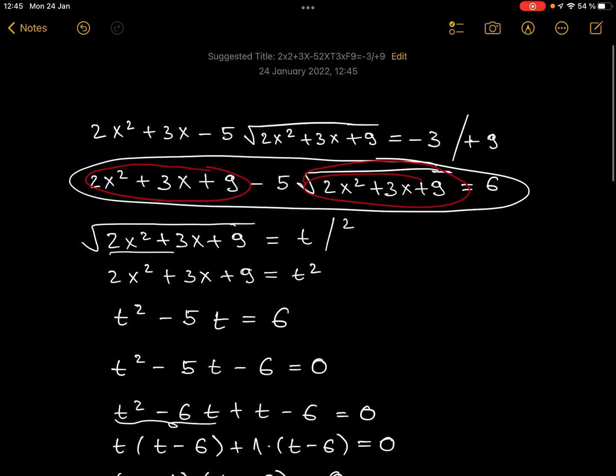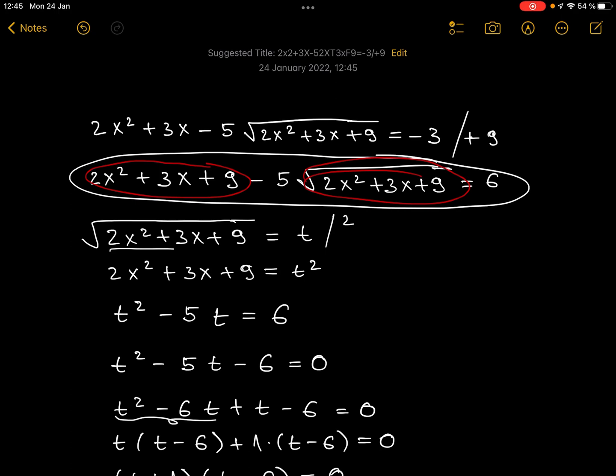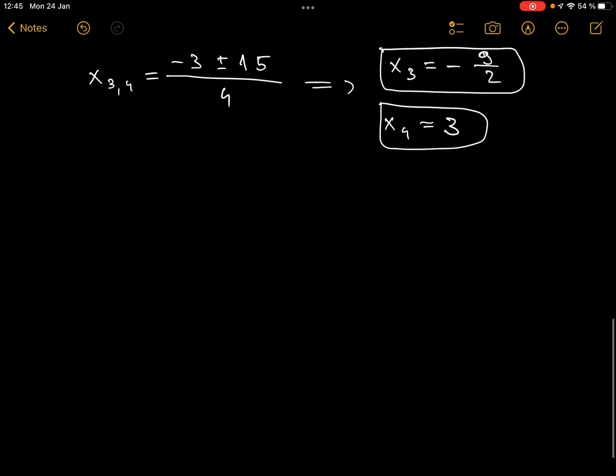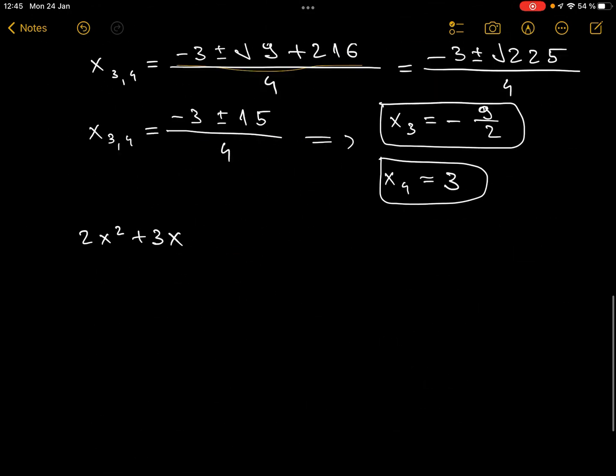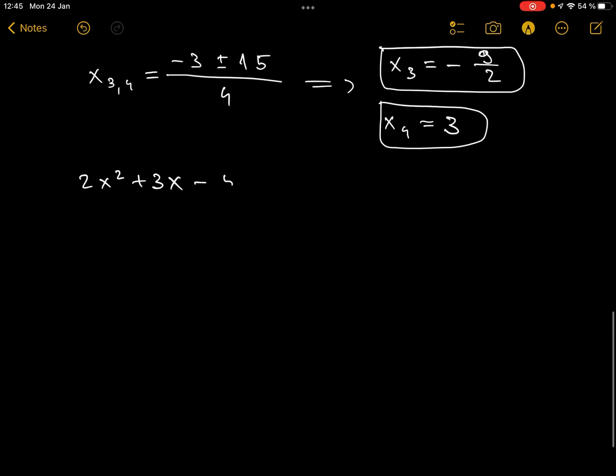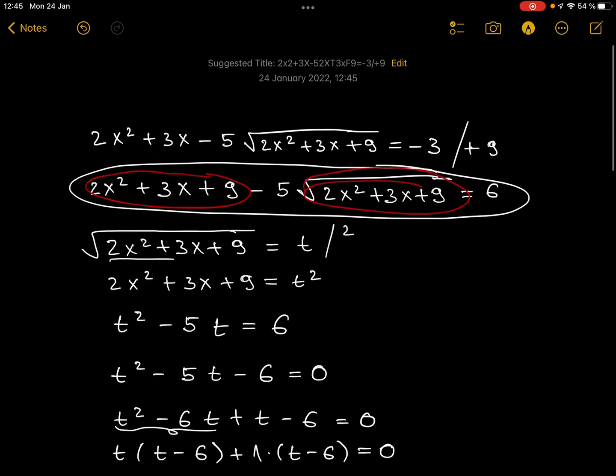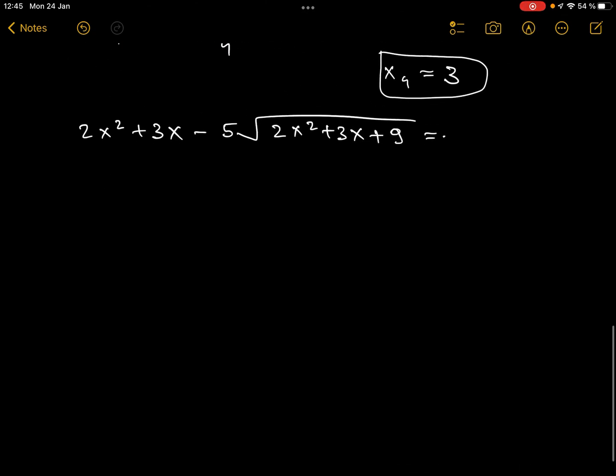So, our original equation is 2x squared plus 3x minus 5 times the square root of 2x squared plus 3x plus 9 is equal to -3.